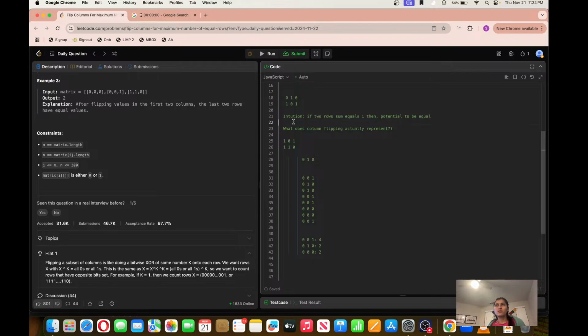Obviously, two rows can be equal only if their bits are different, and by that induction, just by looking at the rows we could know that these are the rows that will match if I flip the columns, and these are the rows that will match if I flip the columns. And I should have thought about that.